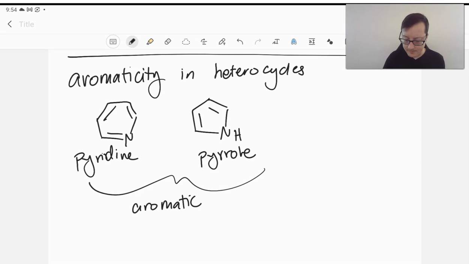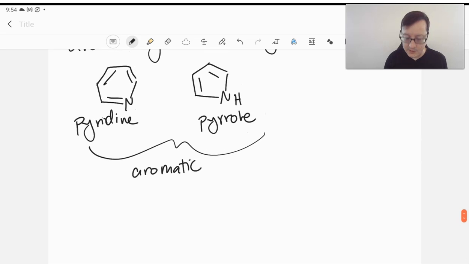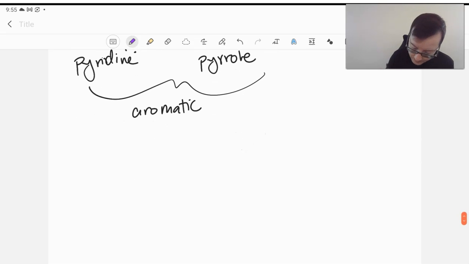The reason being, this pyrrole has kind of two options of what to do with the lone pair on the nitrogen. Notice that both of these nitrogens have lone pairs. And we're going to see that the lone pair on a heteroatom is able to contribute to aromaticity.